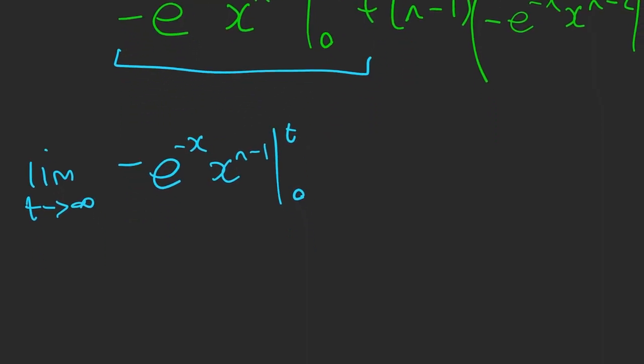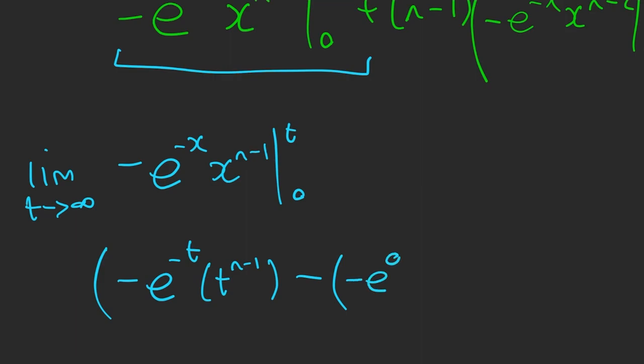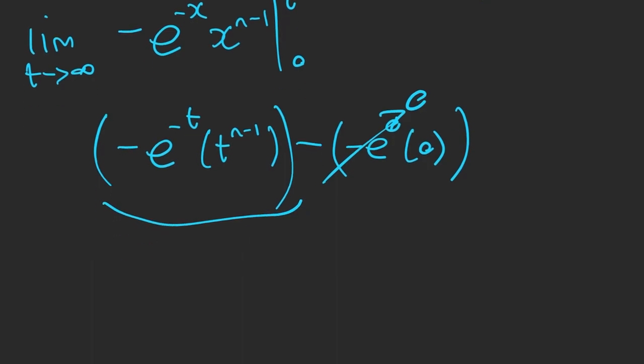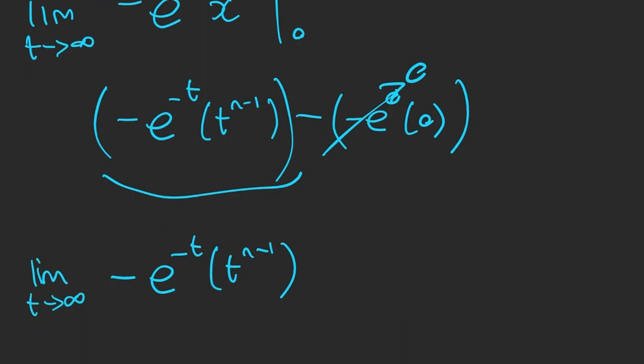So we're going to get negative e to the negative t times t to the power of n minus 1, minus negative e to the 0 times 0. So that whole thing goes to 0. So we've only got negative e to the negative t times t to the n minus 1, as the limit of t goes to infinity. Okay, so let's see what happens.